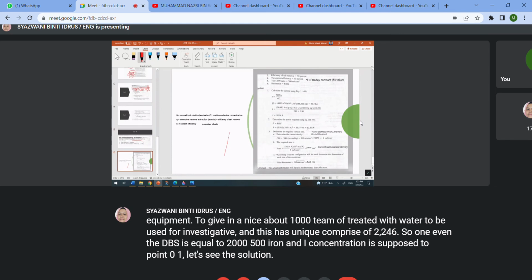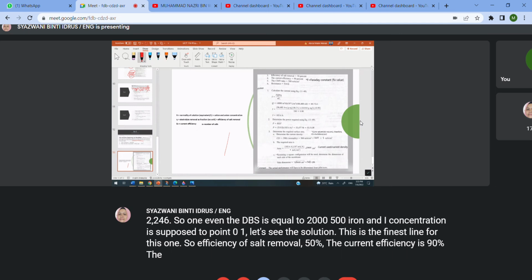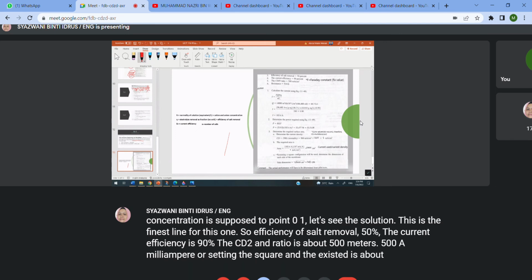Okay, this is the final slide. For this one, the efficiency of salt removal is 50%. The current efficiency is 90%. The CD to N ratio is about 500 milliampere per centimeter squared, and the resistance is about 5 ohm.